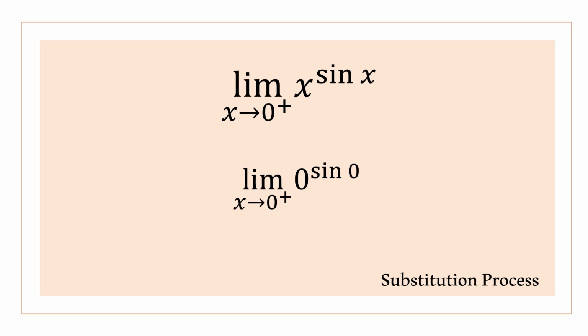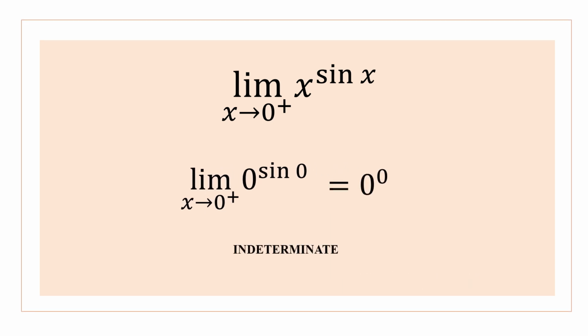So our first step is to substitute. So the limit of 0 raised to sine 0 as x approaches 0 would be equal to 0 raised to 0, which means it would be indeterminate.